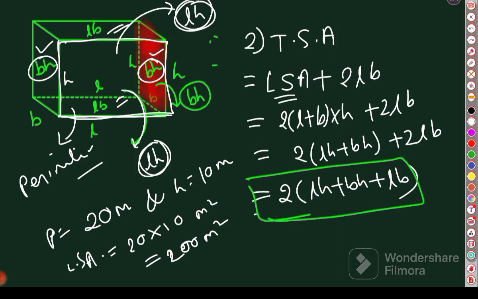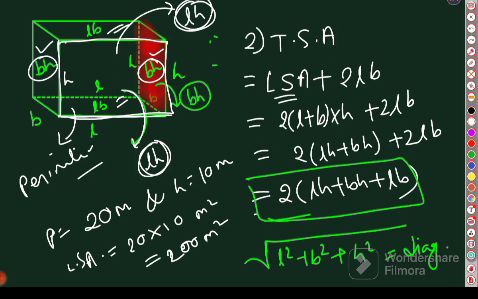So we have done total surface area and lateral surface area. Now coming to the longest rod or the diagonal, it will be the square root of L square plus B square plus H square. This is the diagonal in 3D space, not in 2D space. In 2D it will be only root of L square plus B square.